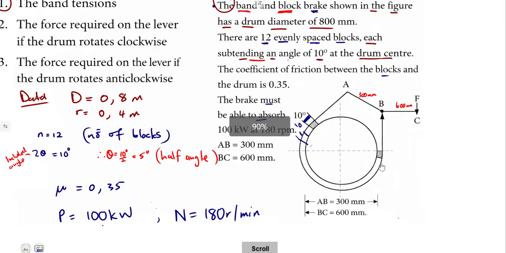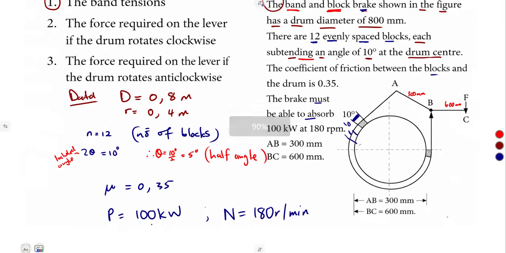All right, moving on to question number 2. They want us now to calculate the force required on the lever if the drum rotates clockwise.